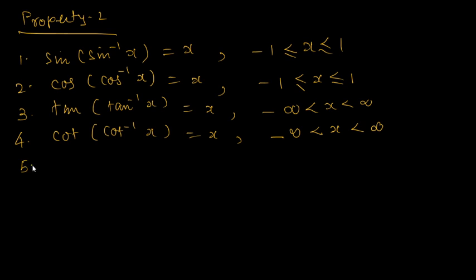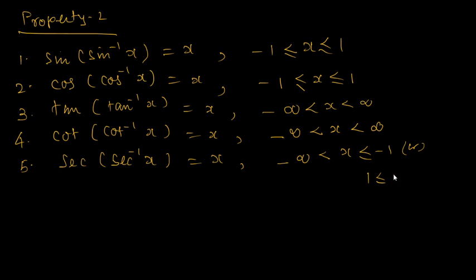And then secant of secant inverse x is also equal to x, provided minus infinity is less than x, that is less than or equal to -1, or 1 is less than or equal to x, that is less than infinity.